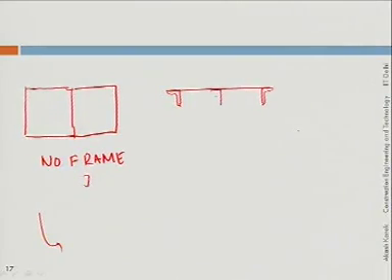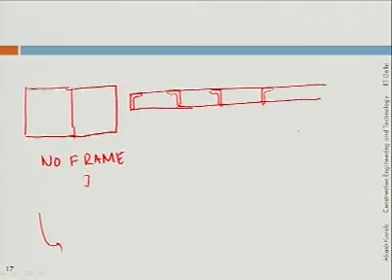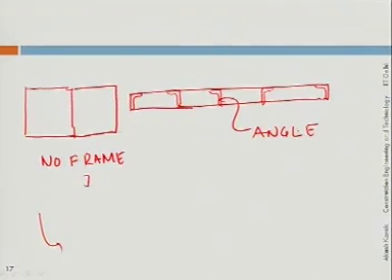In between also you have these sections. This is the frame made out of angle section, and here you will have nails.